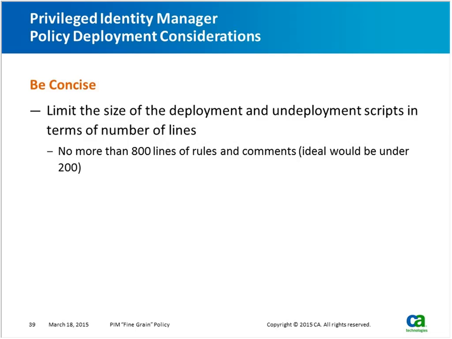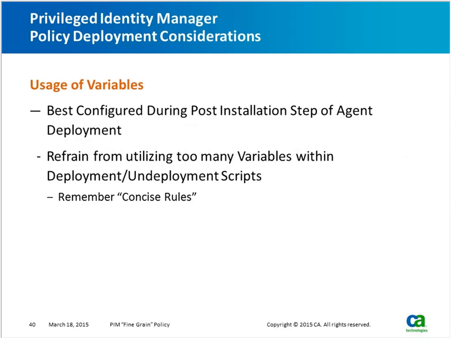Next slide, 40. So, the use of variables. As I mentioned earlier, you want to define the variables. The best time to do it is during the agent deployment, right? You have some process in there.